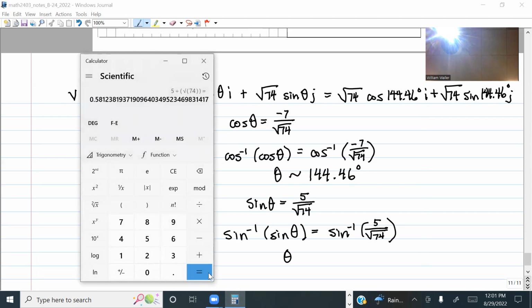And so I get 0.58 approximately, right? And that's what 5 over the square root of 74 is. And now I just want to compute the arc sine of that, right? So let's put in arc sine, and whoops, it comes out as 35.53, or 35.54. What went wrong?